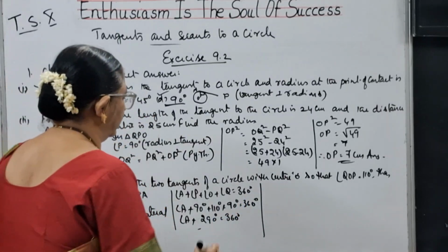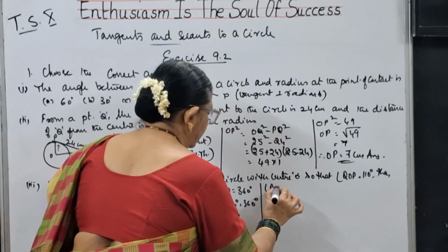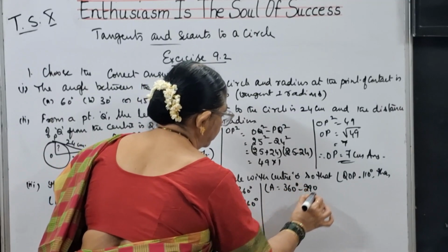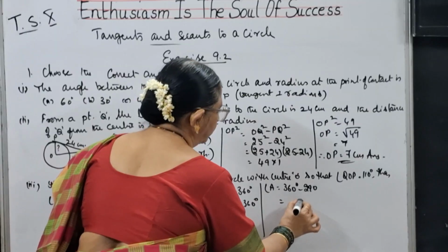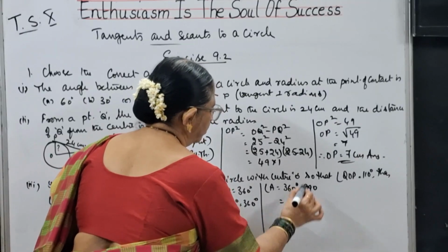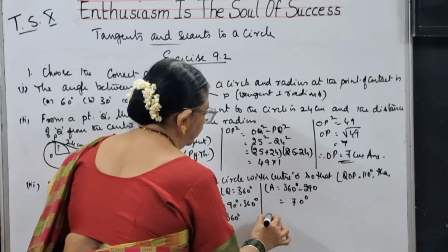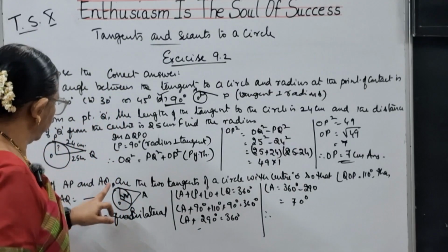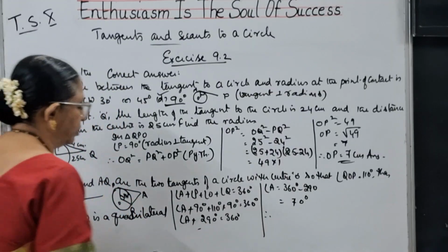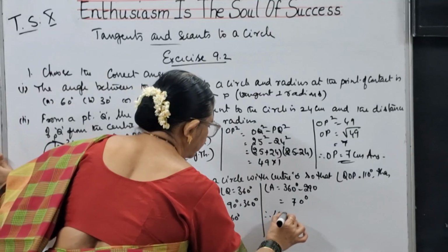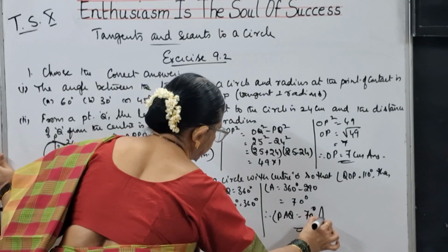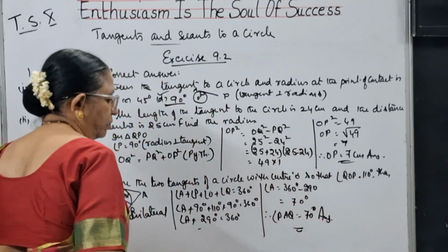So what is angle A? Angle A is equal to 360 minus 290, 70 degrees. Angle A means angle PAQ. Therefore angle PAQ is equal to 70 degrees is the answer for this problem.